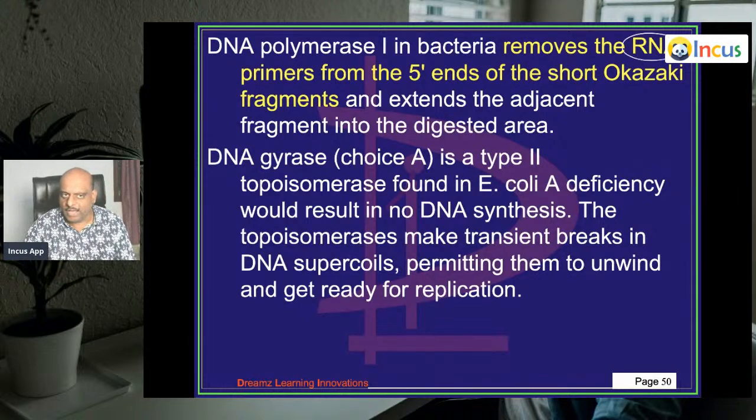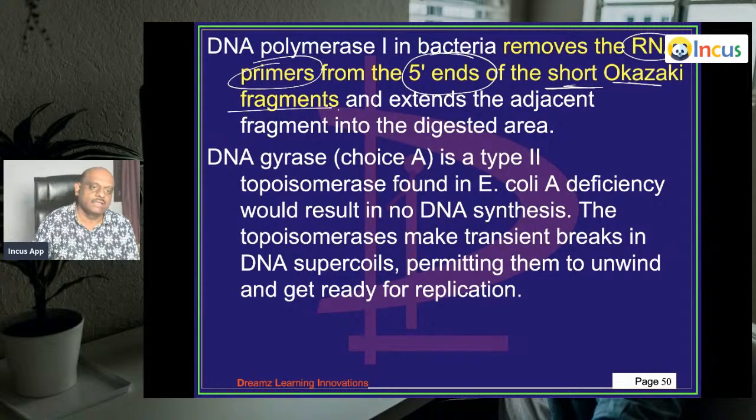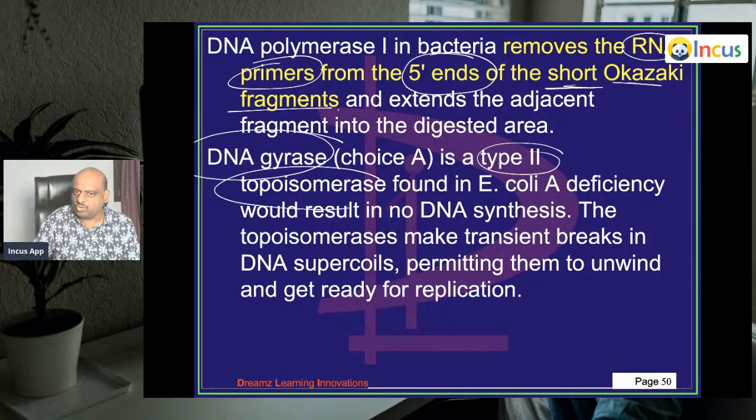It removes the RNA primers from the 5' end of the short Okazaki fragments, is what you have to remember. DNA gyrase is a type 2 topoisomerase found in E. coli.